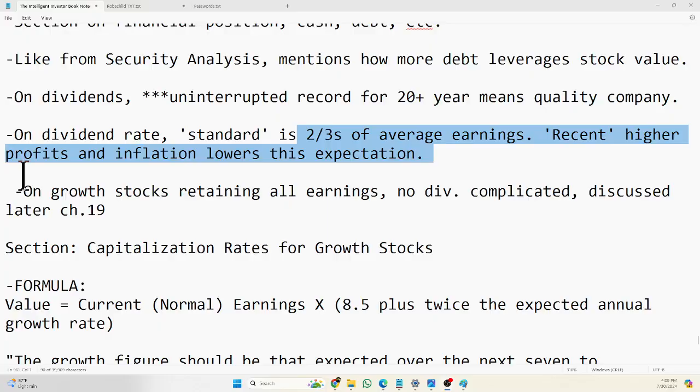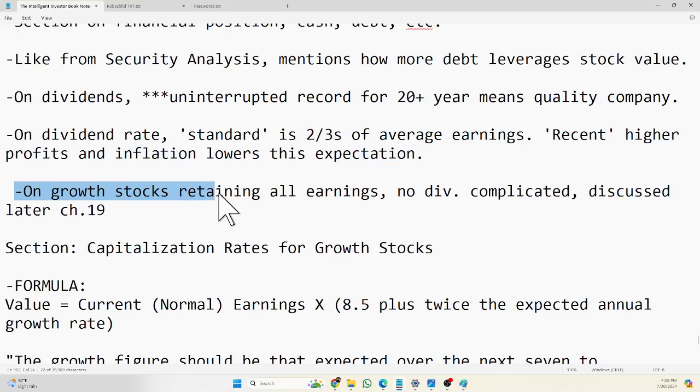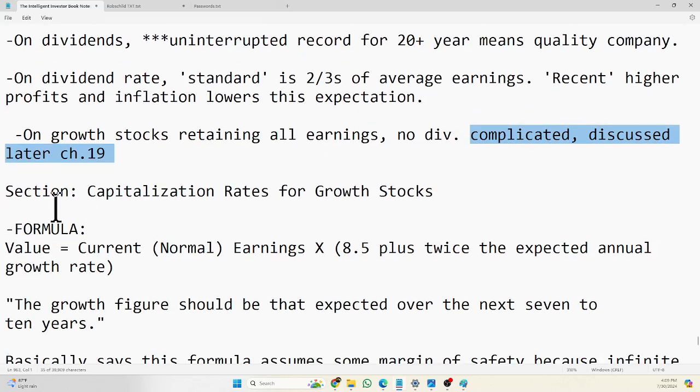And then you have companies that pay like 0.1% dividends, like some of the giant companies like Microsoft, Apple, and so on. So you have to consider the industry on that too. But anyway. All right, and then we talk about growth stocks retaining all earnings and there being no dividend, how that's kind of a complicated situation, but he says he's going to discuss this later in chapter 19, so I'll leave that alone for now.